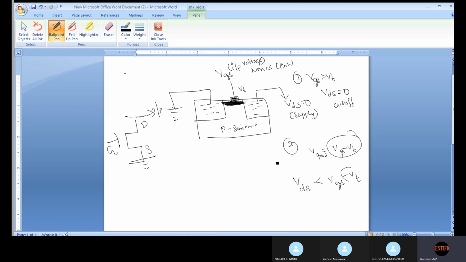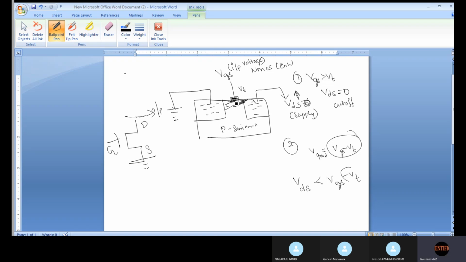In this condition, what will happen? You are slowly raising VDS, giving a very small voltage. With this very small voltage, the negative charged carriers at the drain, where you are giving the supply voltage, are attracted towards this positive supply. The channel will become thin.